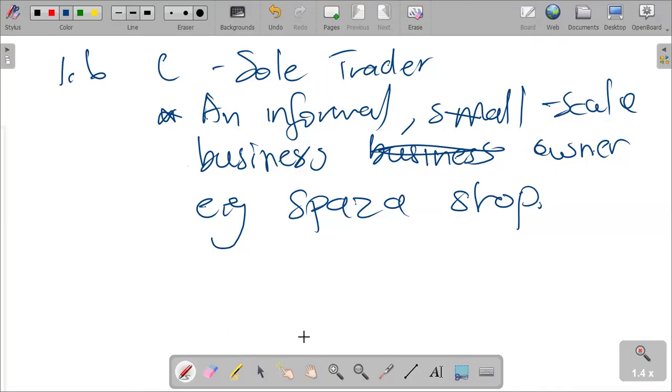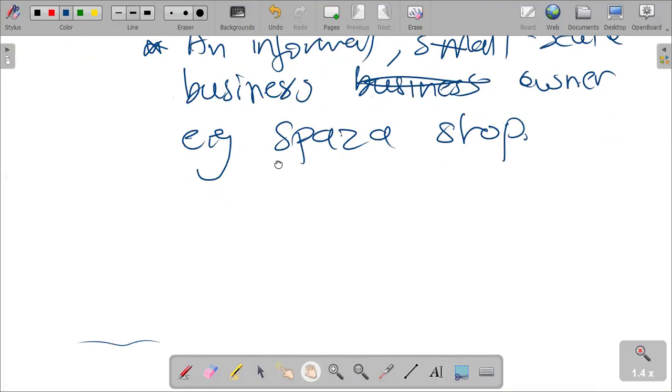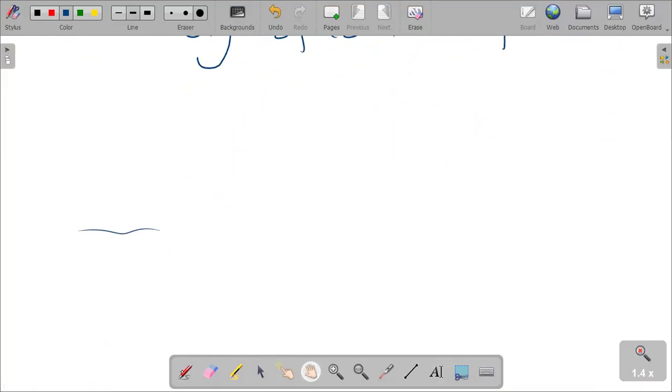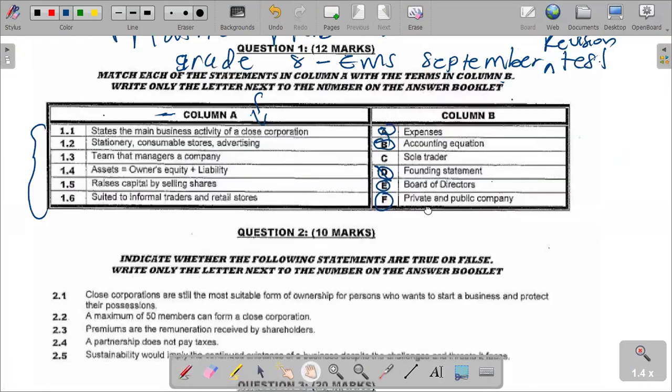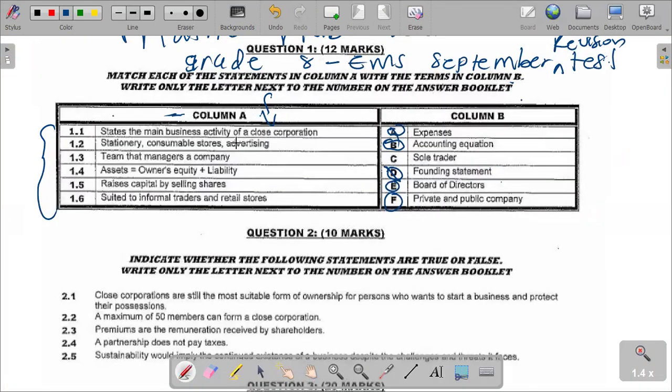So let's quickly recap our answers. 1.1, state the main business activity of a closed corporation. That was D, founding statement. Stationery, consumable stores and advertising, that's A. Expenses. A team that manages a company is E, board of directors. 1.4, assets equals owner's equity plus liability.